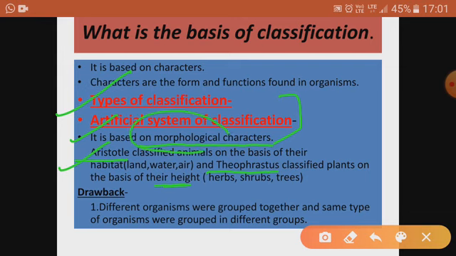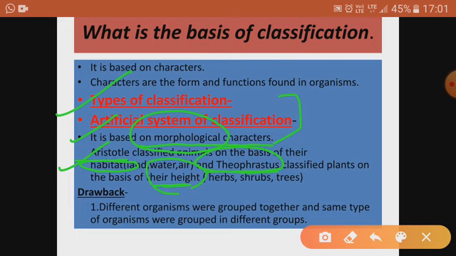Morphology is related to outer character. So here they are just focusing on the outer characters, and they are classifying the organisms on the basis of one characteristic only. For example, Aristotle classified animals on the basis of one morphological character, that is habitat, and Theophrastus also classified plants on the basis of one morphological character, that is height.